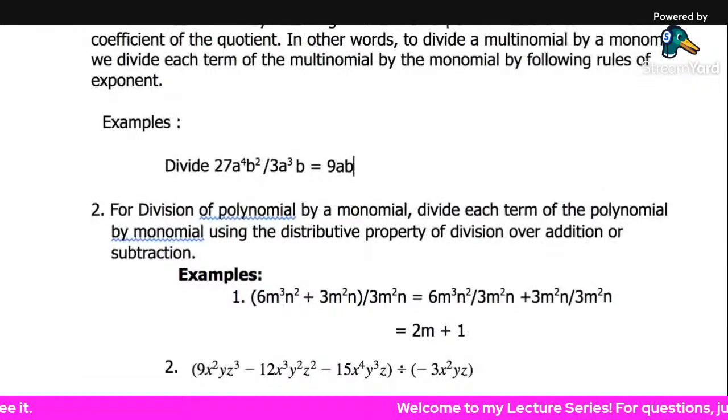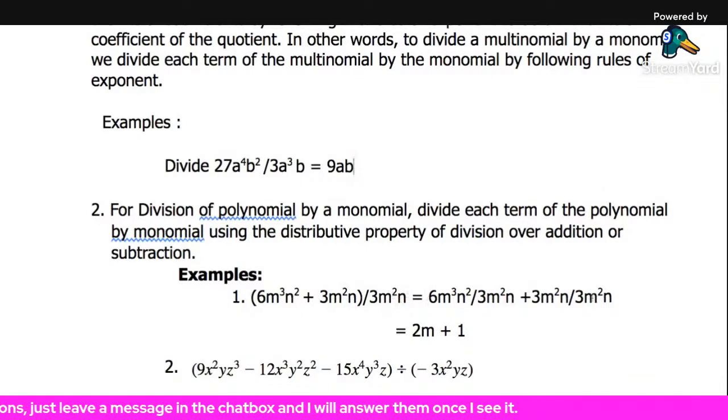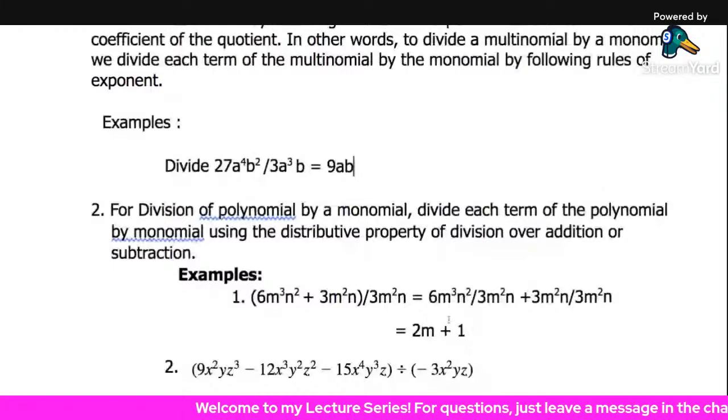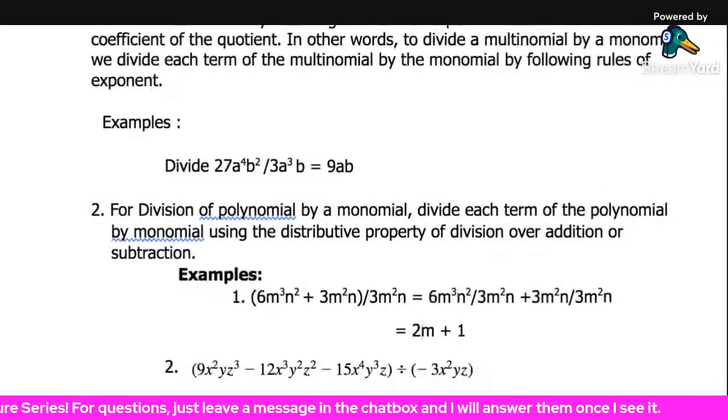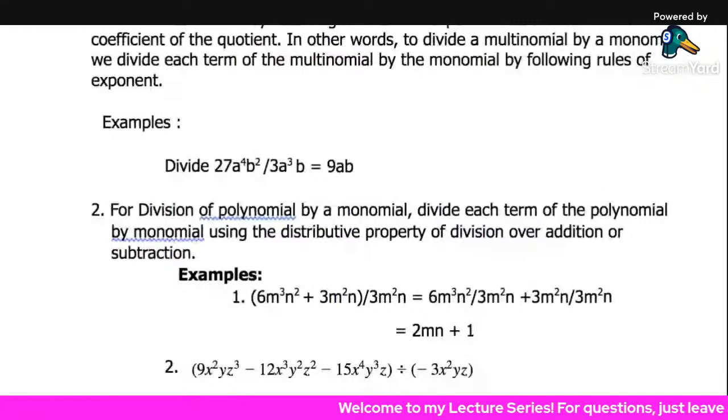And don't forget the operation between them. It's positive. So we have plus 3m^2n over, again, our denominator, 3m^2n. Then you can use the laws of exponents. 6 over 3 will give you 2. m^3 over m^2 is m raised to 3 minus 2, which will give you m. Now n^2 over n will give you n.